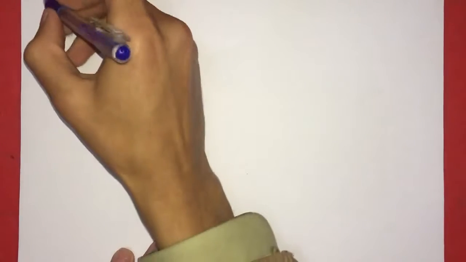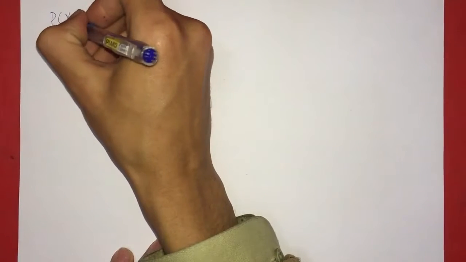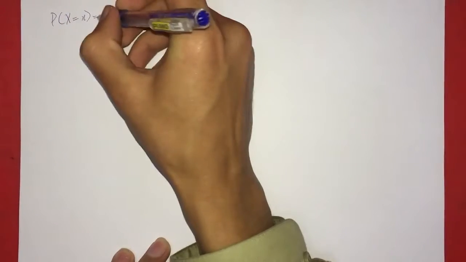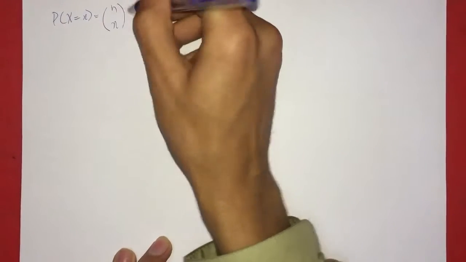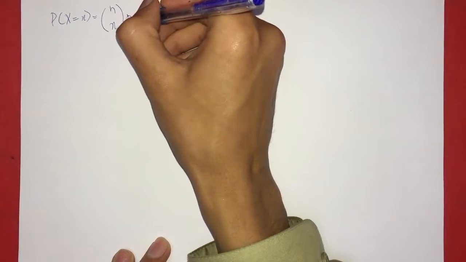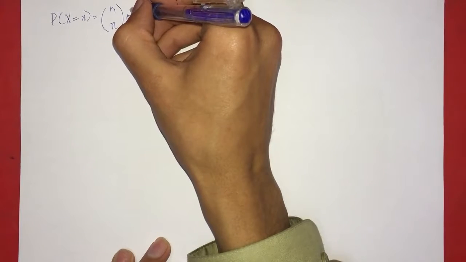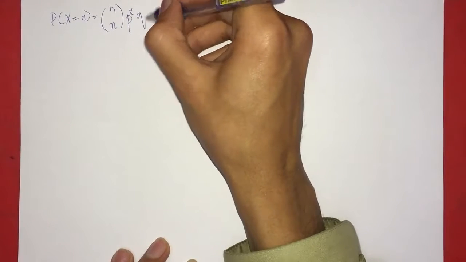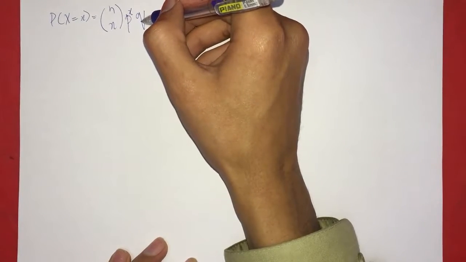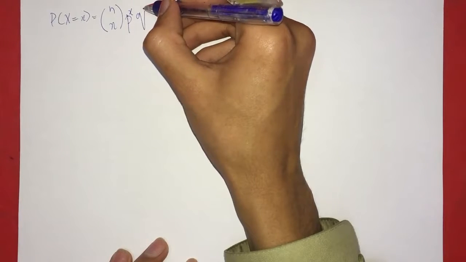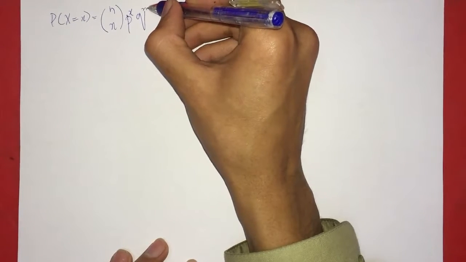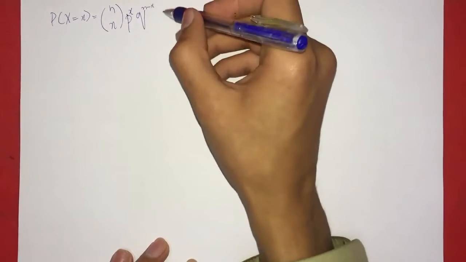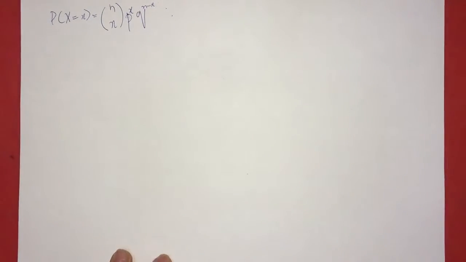The formula is P(X = x) equals n choose x, times p, the probability of success, raised to the power of the number of successes, times q, which is 1 minus p, the probability of failure, raised to the power of the number of failures, n minus x. So this is the formula for your binomial distribution, and utilizing it you were supposed to solve the problem in the paper.